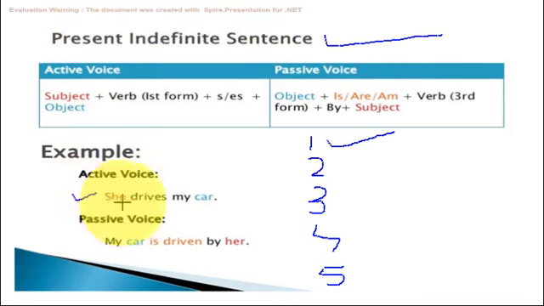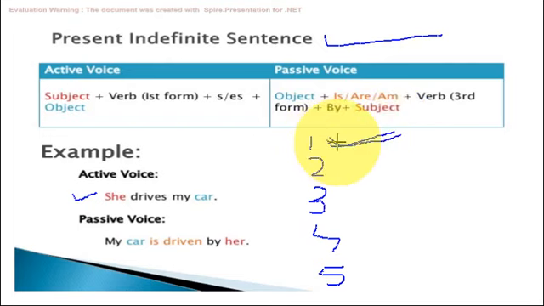We find here a subject, a verb in the first form taking the s or es form, and then an object. That means this sentence belongs to simple present tense. Now, turning to our rules, at first you have to identify the type of sentence, whether it belongs to simple present tense, simple past tense, present perfect tense, whatever it may be.